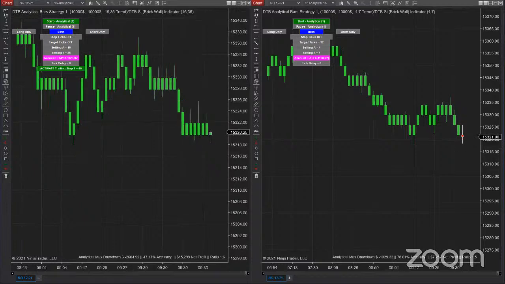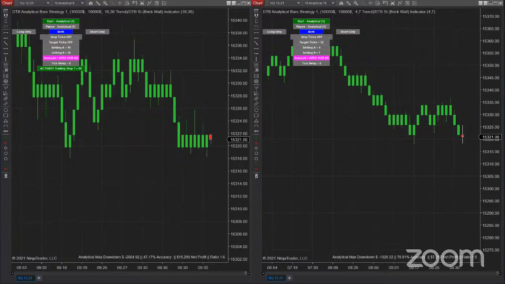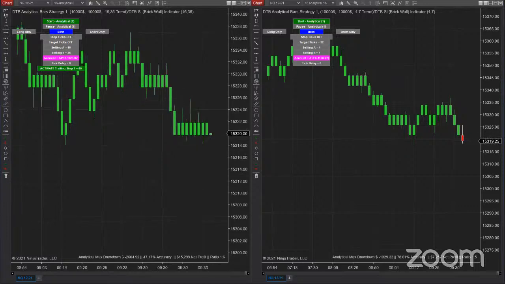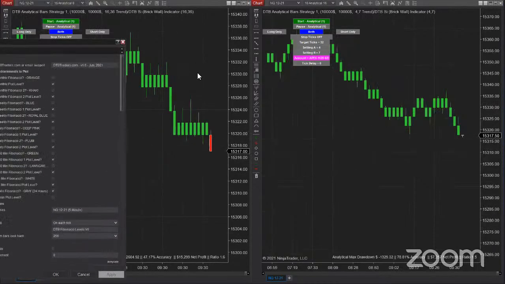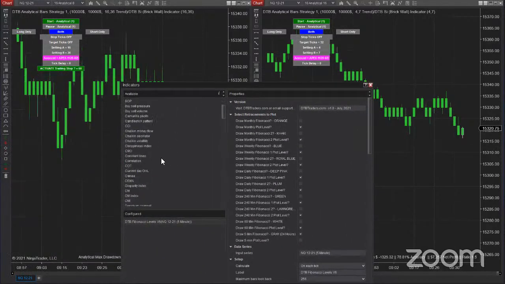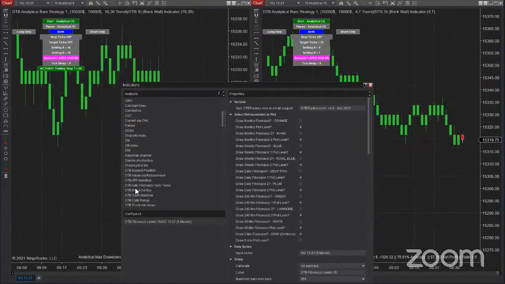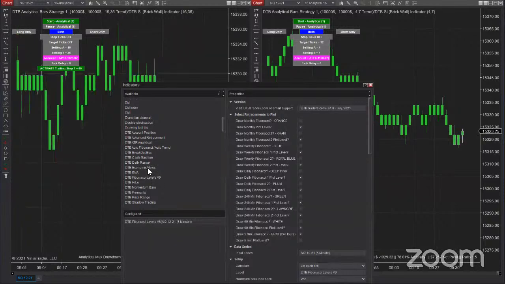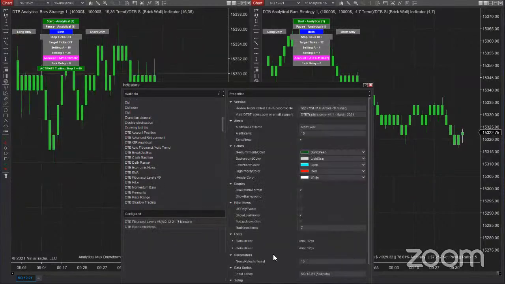So I do have an economic news calendar. If you go into the indicator list, you're going to notice a DTB economic news indicator over there.